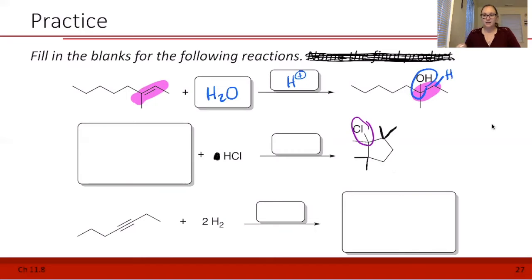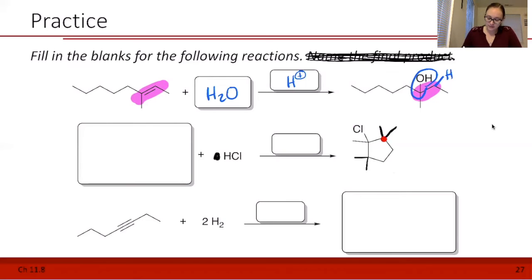So if we added the chlorine here, that means that a carbon next to it had to have been where the hydrogen was added. I'm going to erase that circle just so that we can be more clear. If we look at this carbon, there are 3 carbons attached. This one, and this one. Where could the hydrogen have been put?